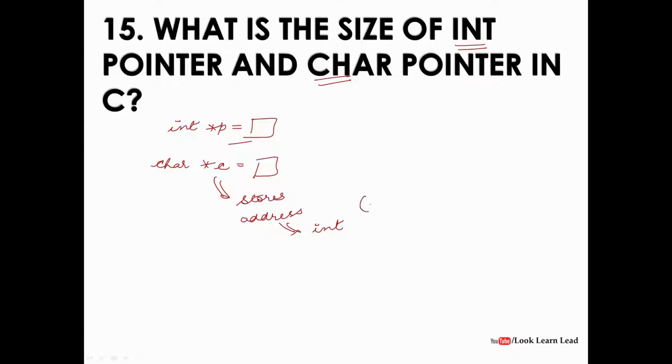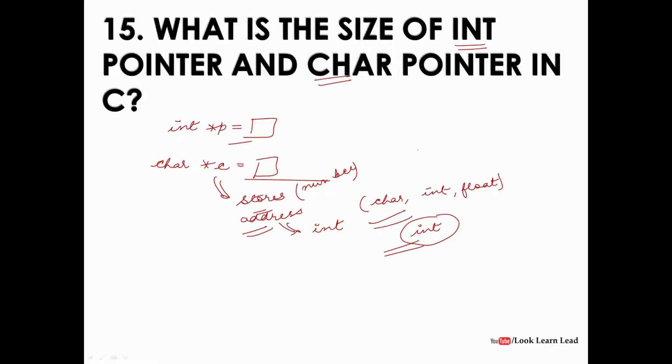Any pointer, whether it is of character type, integer type, or float type, would be an integer only, because it stores an address. An address is a number. An address is an integer. So any pointer would be storing an integer only.